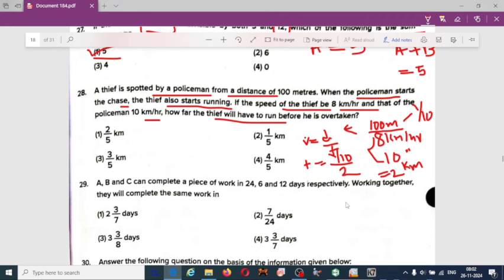Then how far the thief will have to run, that we need to calculate here.